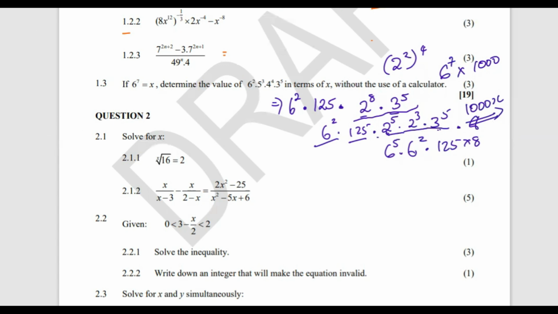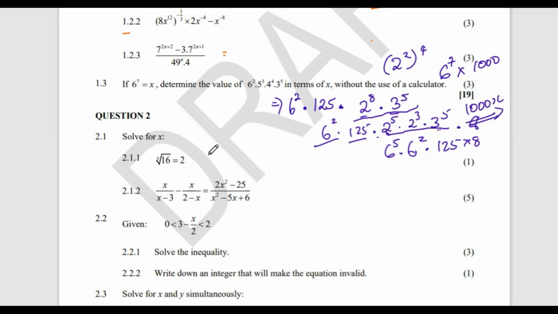Then 2.1.1. Okay, 2.1.1, we just need to play around with this: the x-th root of 16 is equal to 2.